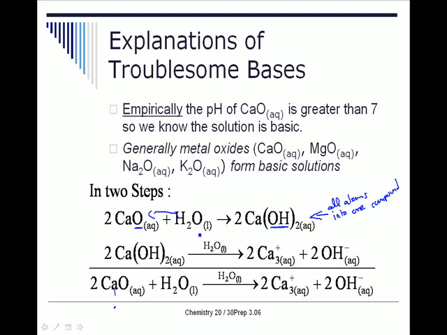So it's a little bit trickier than the acid one, but basically we shove that water molecule into our calcium oxide, and then we dissociate it into calciums and hydroxide. So here's our overall reaction for the metal oxide bases, and these are really the only 2 special cases we have. We have those non-metal oxides that form acids, and the metal oxides that form bases.